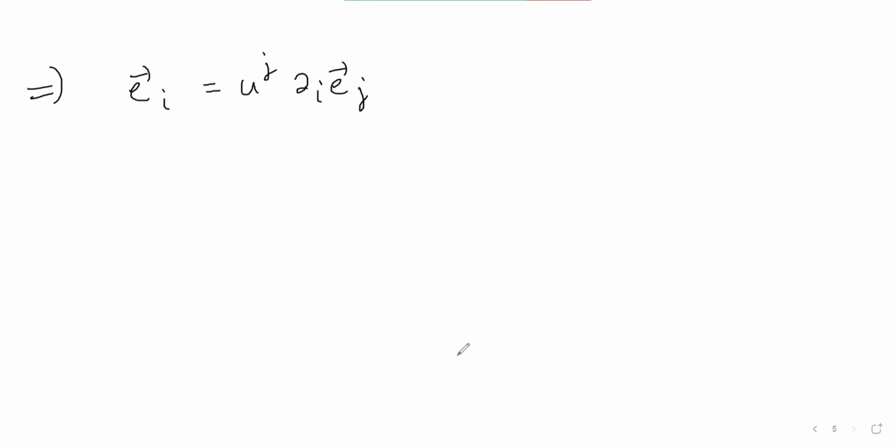Now, remember our objective is to find the derivative of e_i with respect to s, so we want to find e-dot_i. This e-dot_i is the derivative of e_i with respect to s, so it's given by the following.